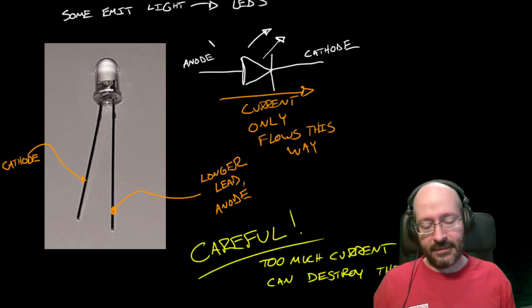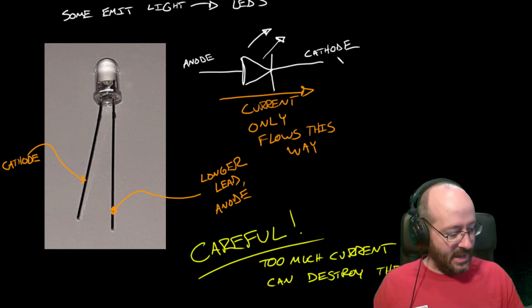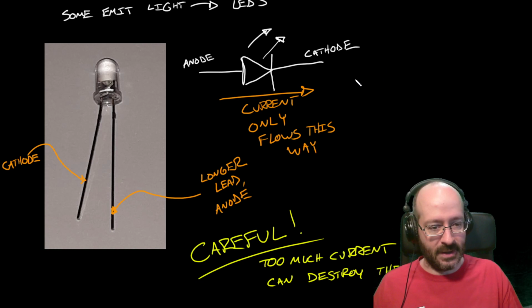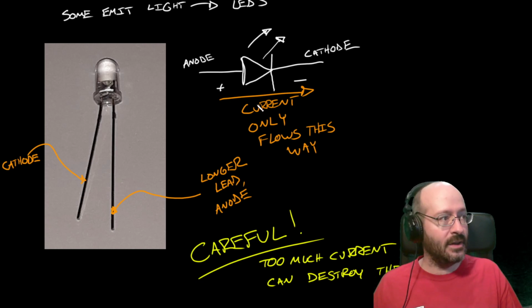The side on the left here we call the anode, and the side on the right we call the cathode. And if the current's flowing in this direction, then we should get a voltage across it that looks like that. So we're going to have more energy on the anode than we have on the cathode.